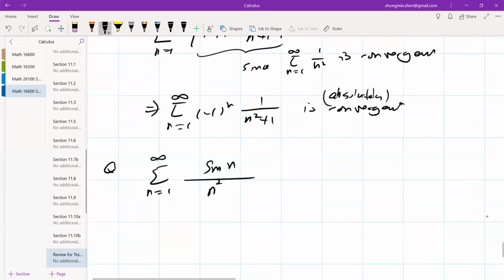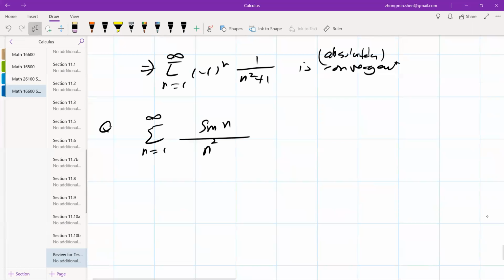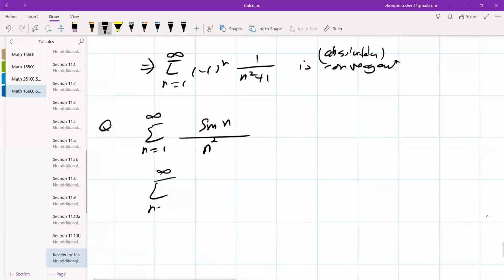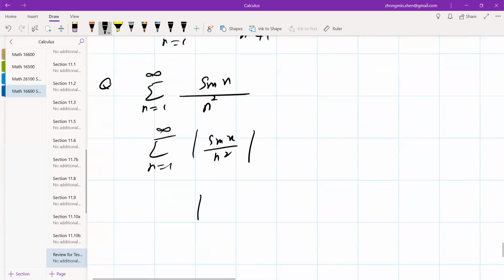The only way you can do it is to consider the absolute value. If this is convergent, then it implies that one. Now it's positive every time. Then you can say this is less than 1 over n squared, that's my p-series.